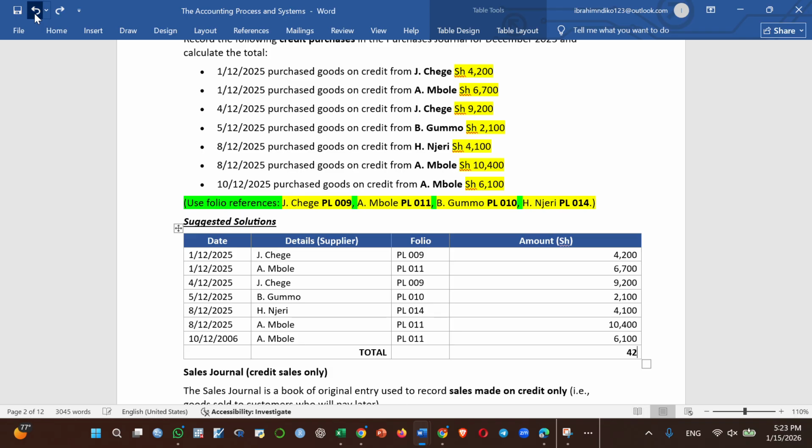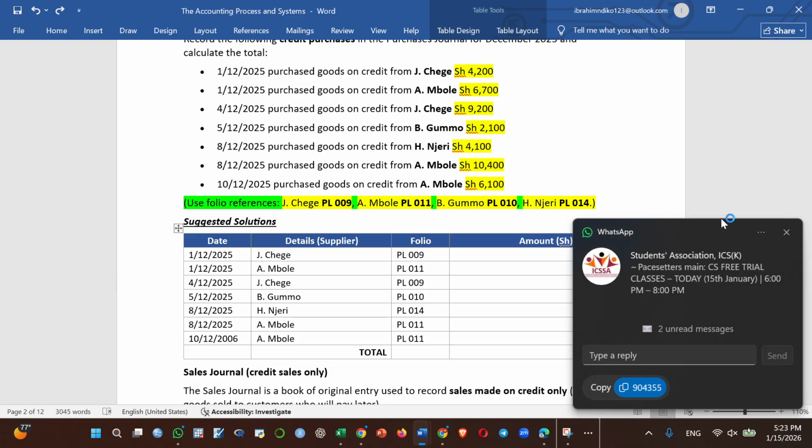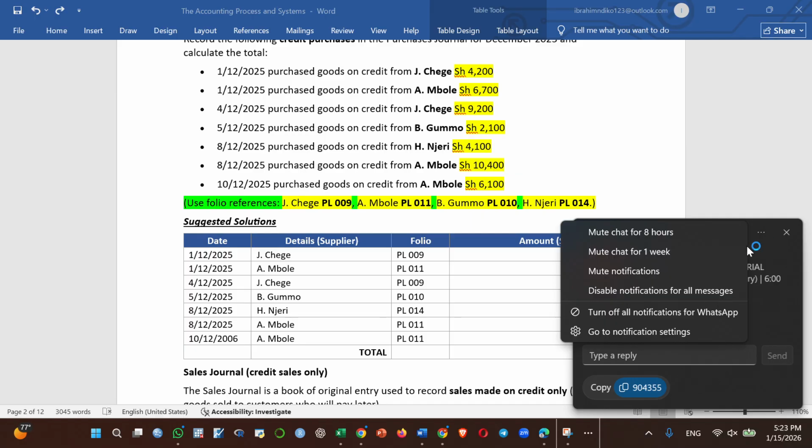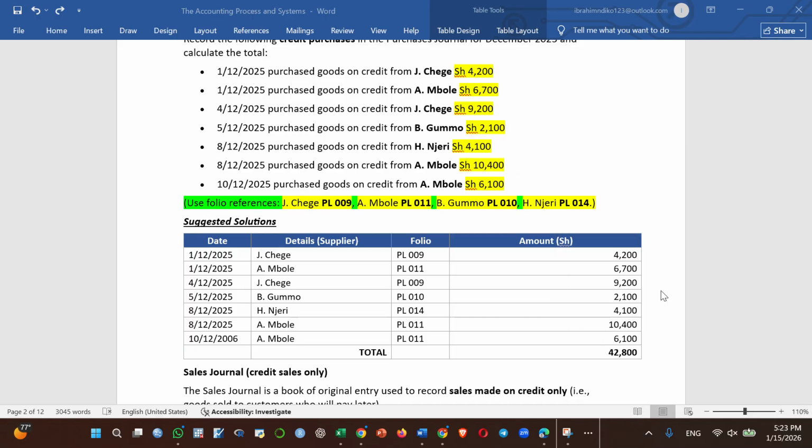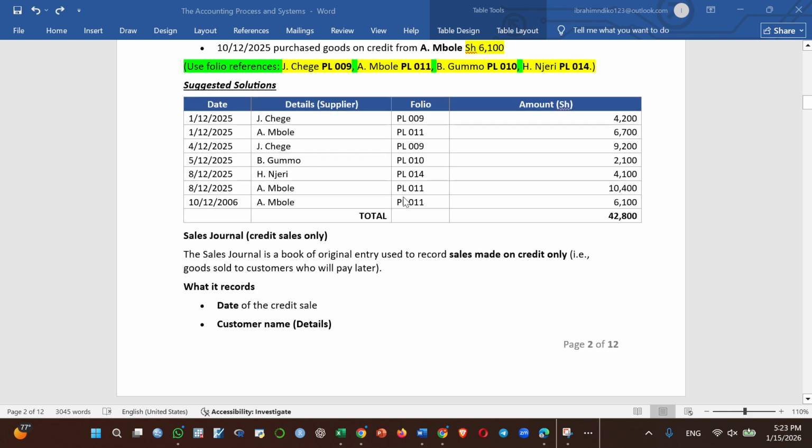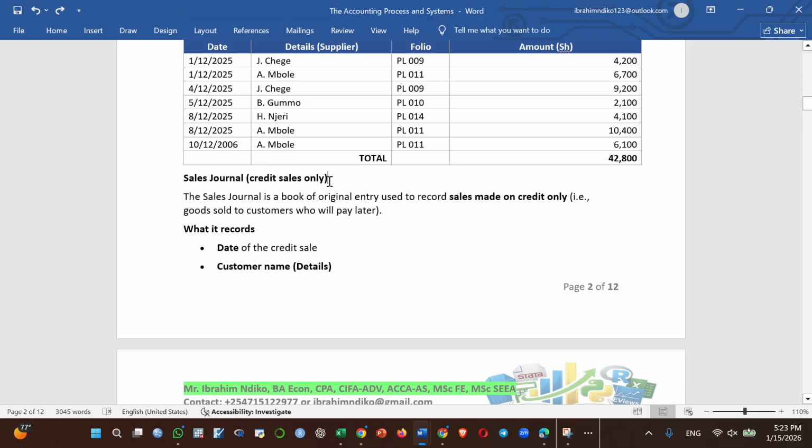I think that was what was there. That is it, and that is how you do the purchase journal. So you just record the date, the detail, that is the name, the folio number, and then the amount. Let's go to the next, number 2, the sales journal.